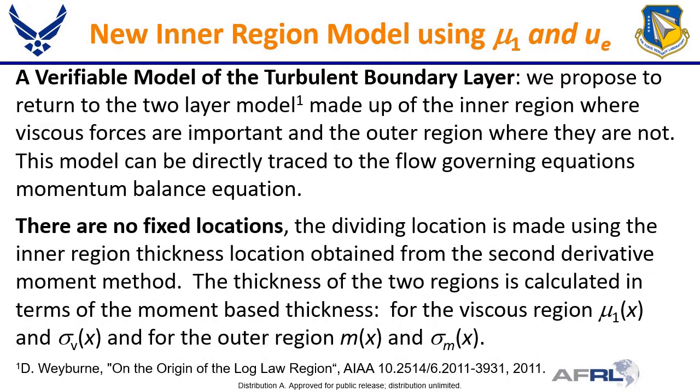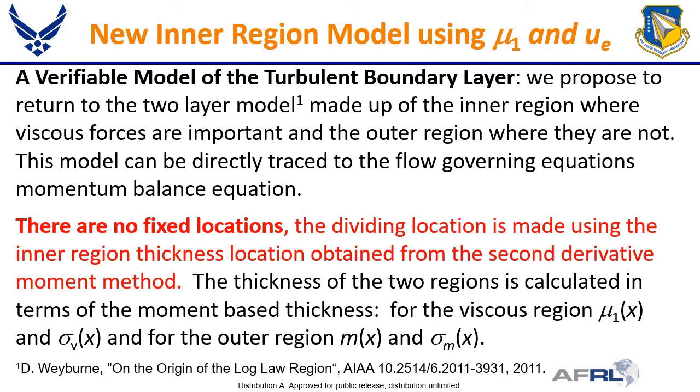Instead of an unverifiable model based on speculation, we propose to return to the two-layer model made up of the inner region, where viscous forces are important, and the outer region where they are not. This model can be directly traced to the flow governor equation's momentum balance equation. There are no fixed locations. The dividing locations are based on actual measured thickness values.